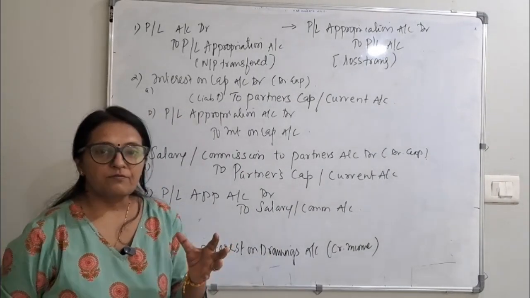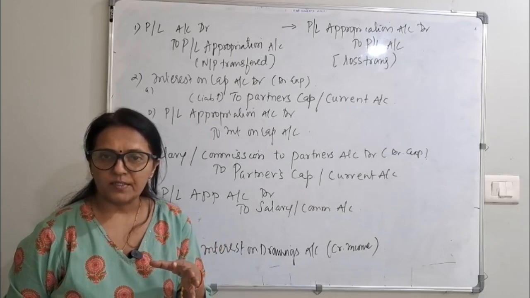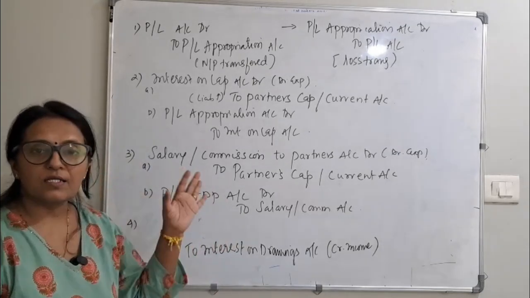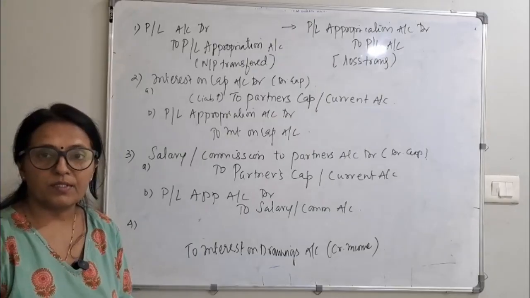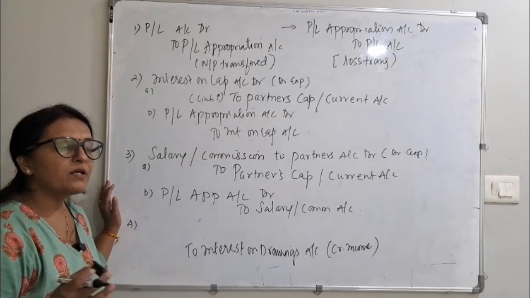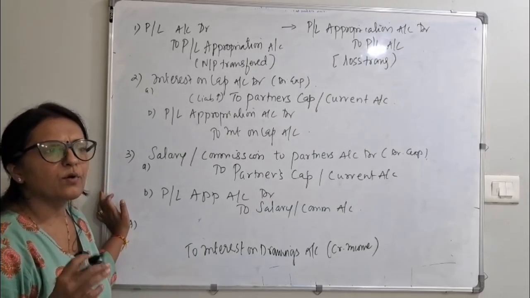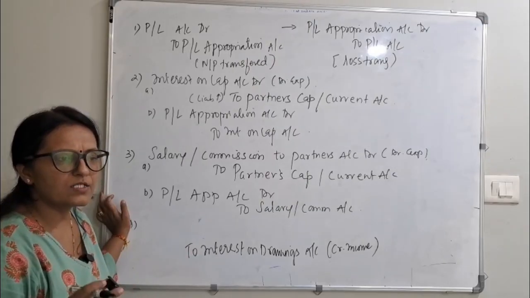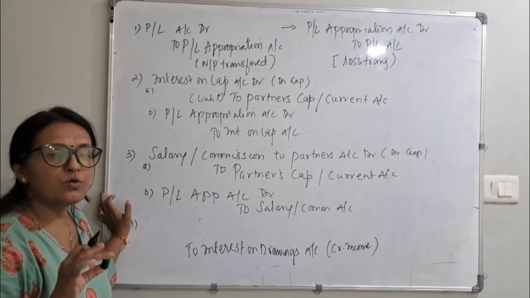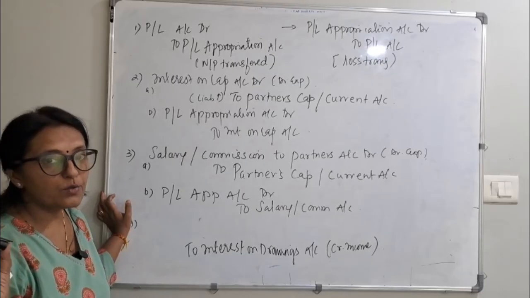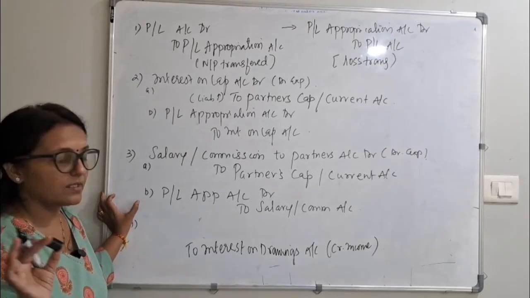See, whenever the partner withdraws money, this amount is transferred to partner's capital account. How many times does he withdraw? It is drawings account debit to cash, drawings account debit to cash, each time. And once that drawings is there, then you transfer it to partner's capital account.